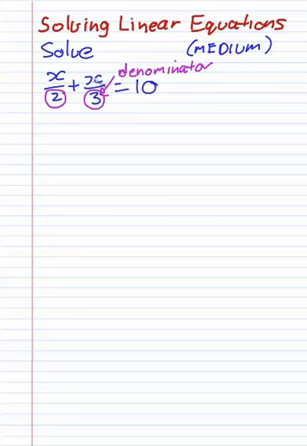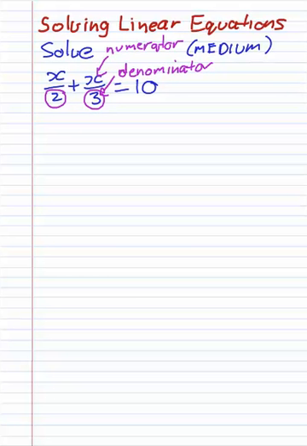And just for the sake of completeness, the number on the top of any fraction is called the numerator. So in this question what we need to do is remove the denominators of both fractions.